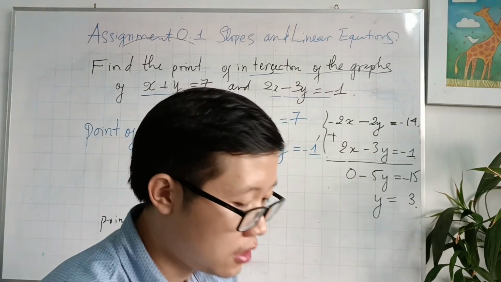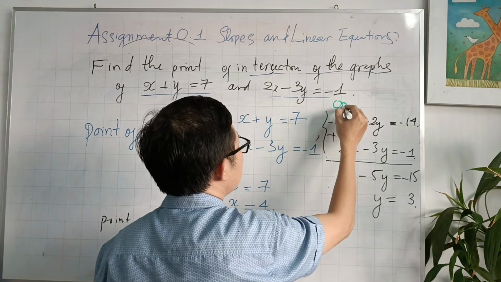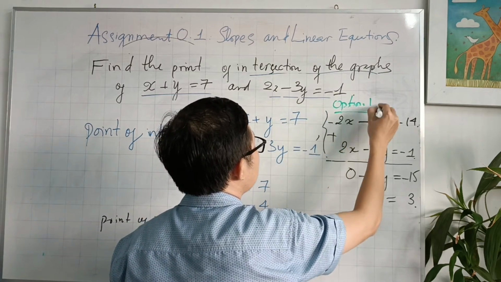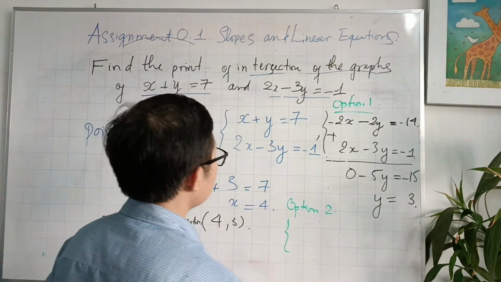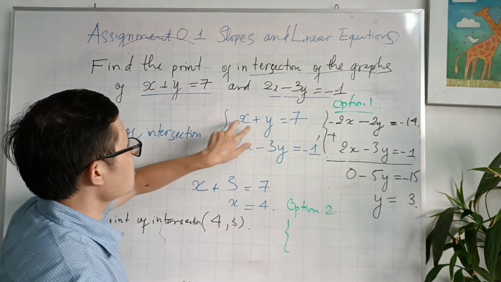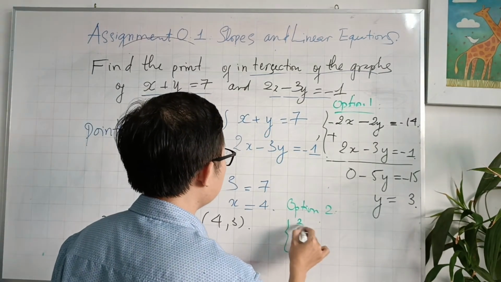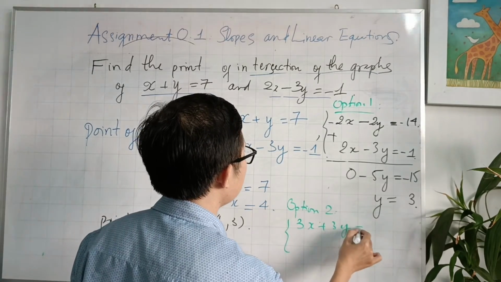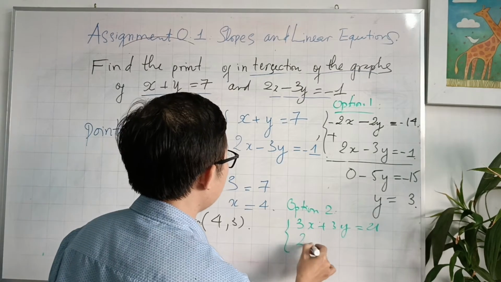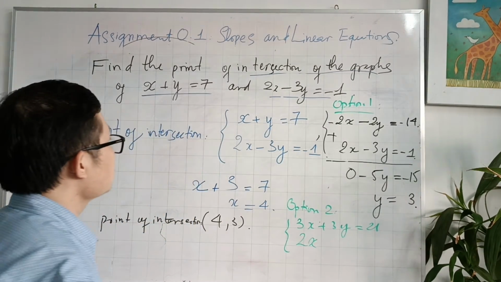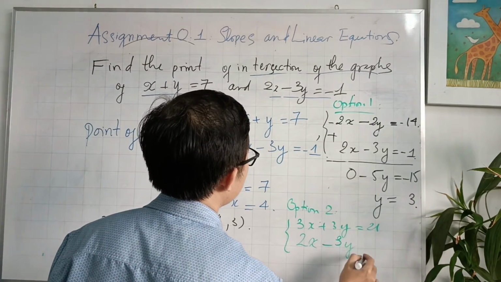So this is option 2, and option 1 was before. In option 2 we multiply the first equation by 3, so we have 3x plus 3y equals 21, and we have the same second equation.